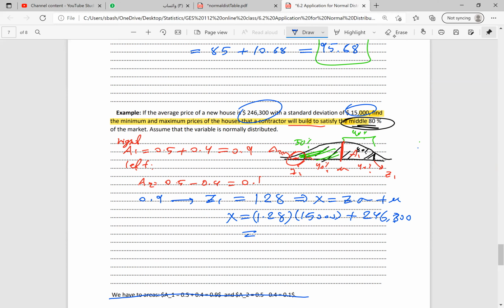Using the calculator, I have 1.28 multiplied by 15,000 plus 246,300. That will be $265,500.